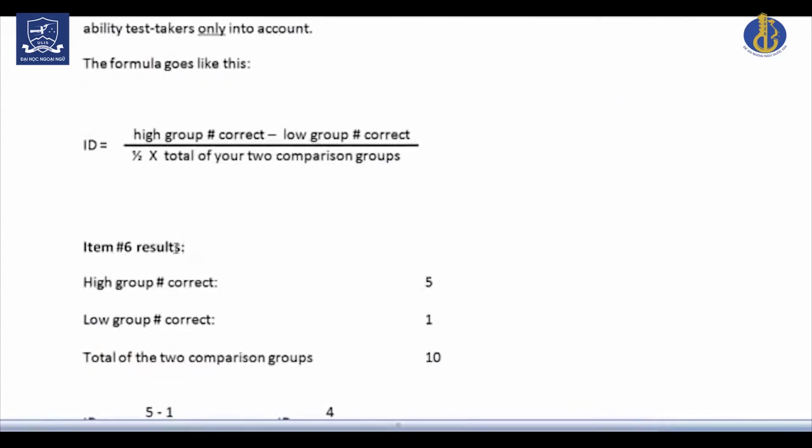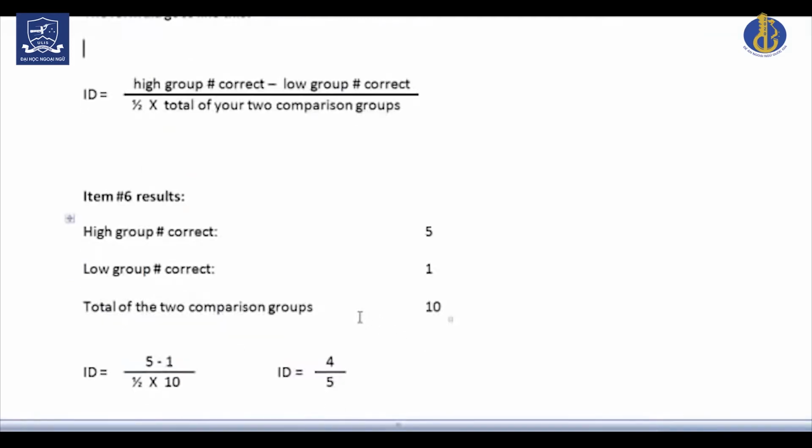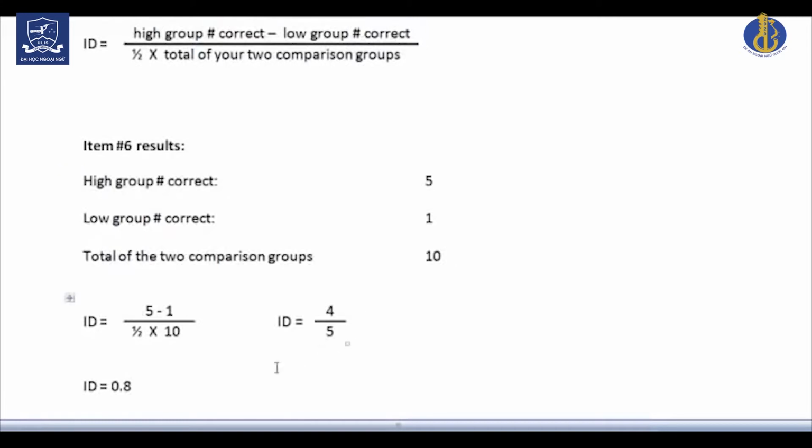These are the results of item number 6. The number of correct responses from the high group is 5. The number of correct responses from the low group is 1. And the total number of students we are analyzing for this item is 10: 5 of the high group and 5 of the low group. Now, let's substitute the numbers.